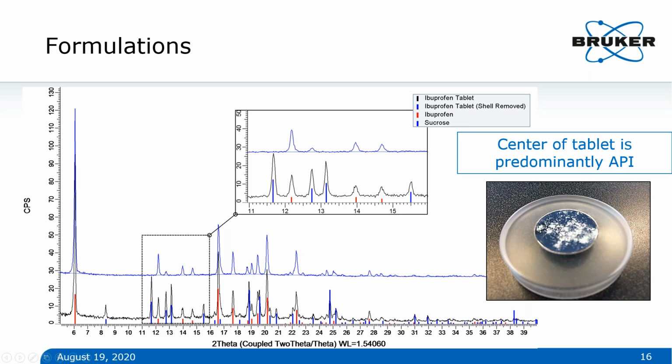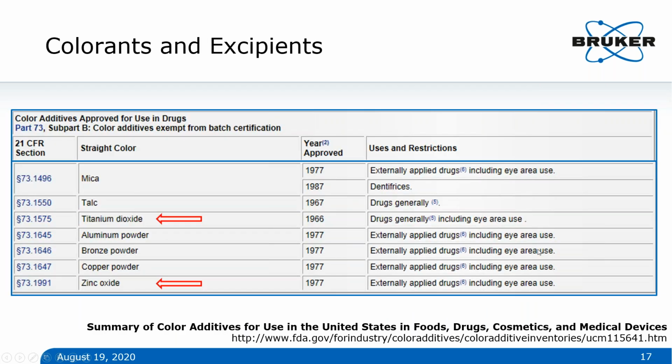Okay. Here on the right-hand side, we see this nice little silicon wafer mount again. In the vein of talking about excipients, this is a capture from the FDA. So different colorants. Here we're looking at the first arrow points to titanium dioxide, the second one points to zinc oxide. So these are frequently used in things like, say, makeups or sunscreens.